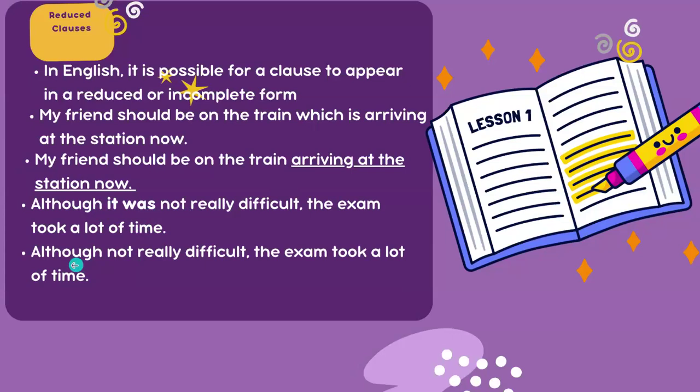Reduced form: Although not really difficult, the exam took a lot of time. If you see, in both examples, we have two forms of verb be, one in present and one in past. We can eliminate that form of verb be and form a reduced clause.